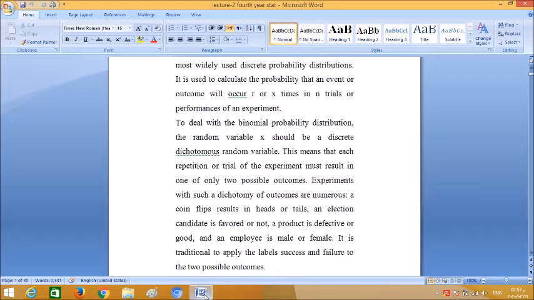Okay? Success does not mean success, and failure does not mean a failure. Okay? Success is a name or label for the probability we deal with. The requested probability.